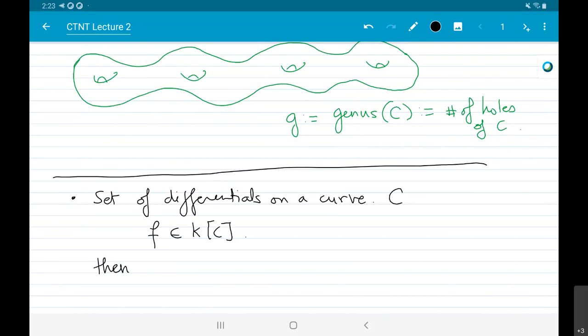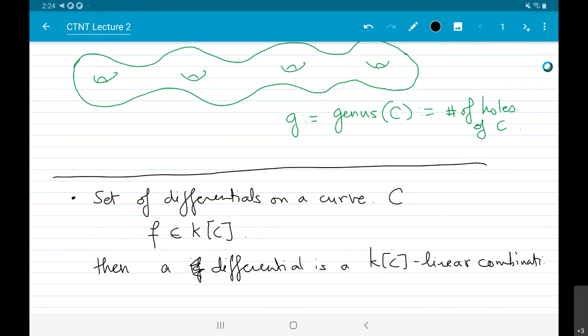Then a differential is a K(C)-linear combination of such df's.